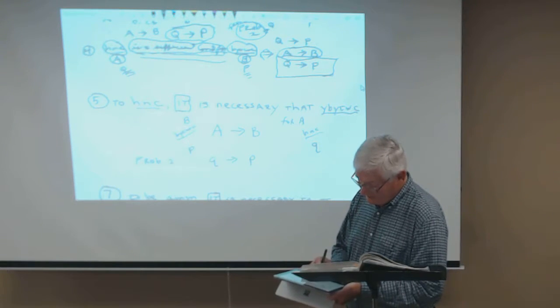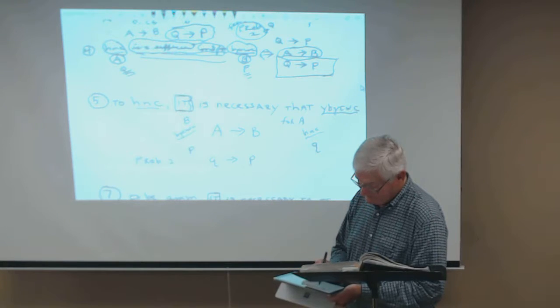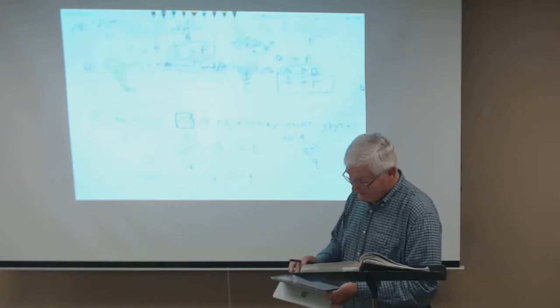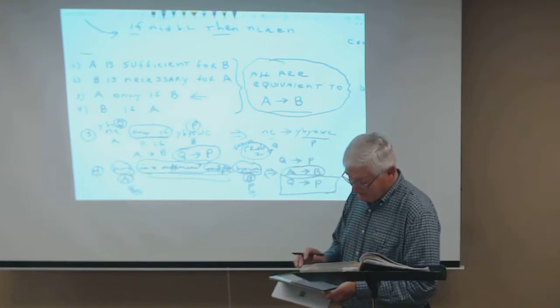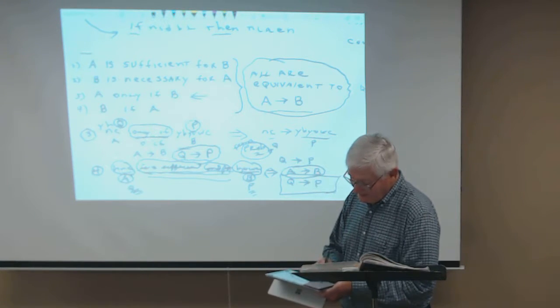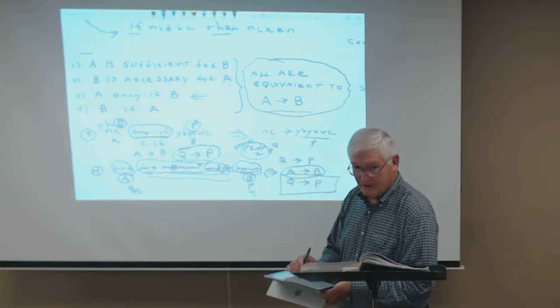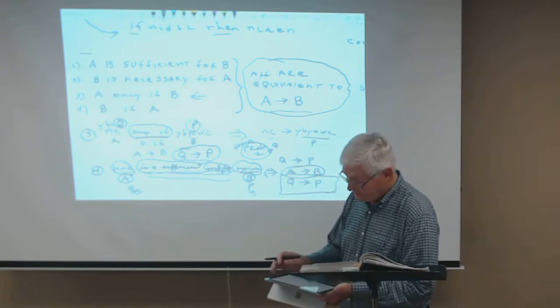Now, see that word it? So we go back up here to our phrase, our pattern, and we say, it is necessary for it. B is necessary for A. You follow that? I look where they use the word necessary.